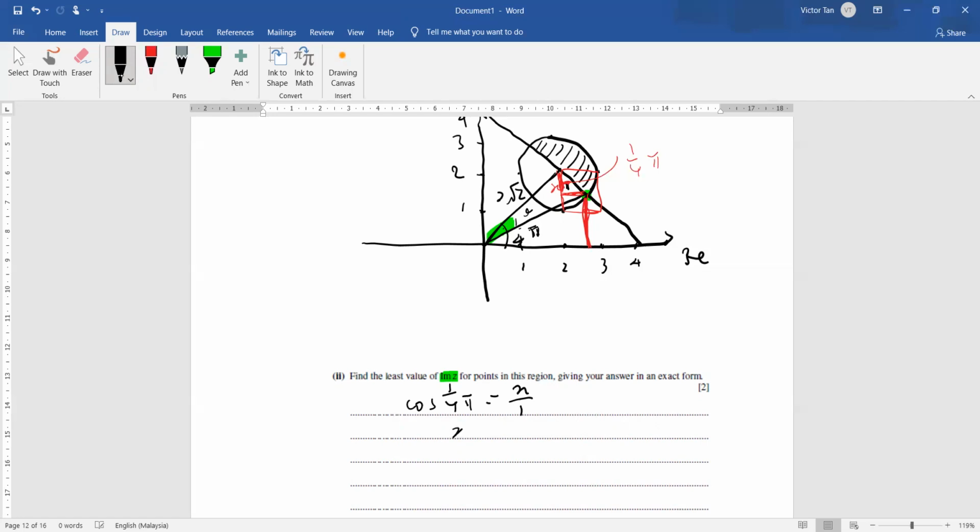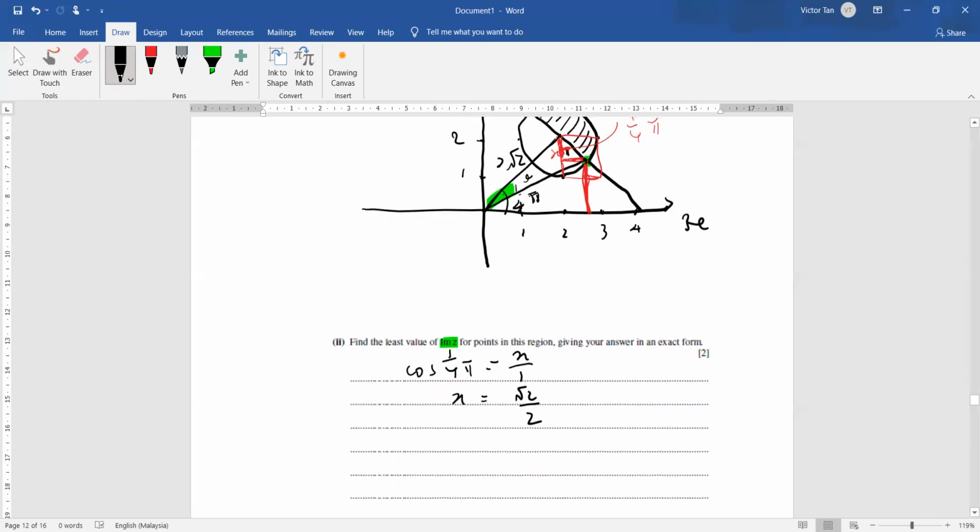So x is cos of 1/4 pi, which is root 2 over 2. So the least imaginary z will be 2 minus root 2 over 2. Okay, there you have it.